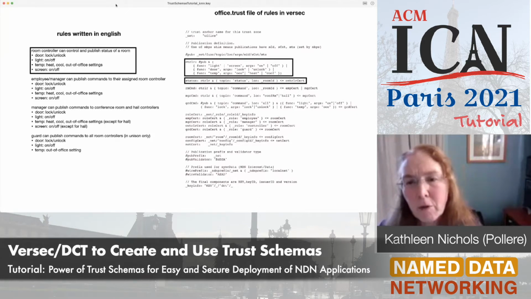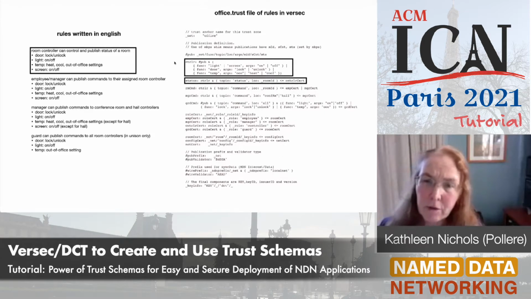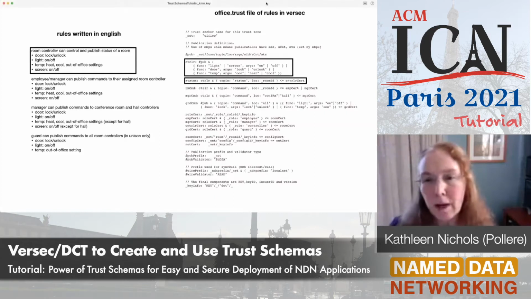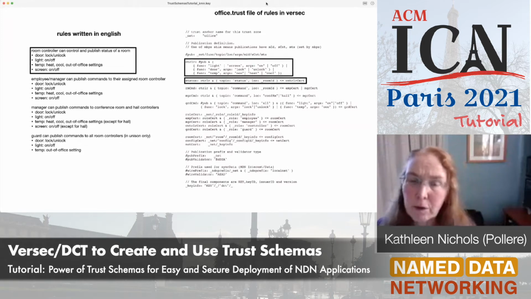Probably before I do this, I should note, we have one form of publication here. See the hashtag pub, and that's the form that we're going to use for everything. Starting from that, we're going to derive one for the room controller. It says, I derive from the pub, and I have these further limits.